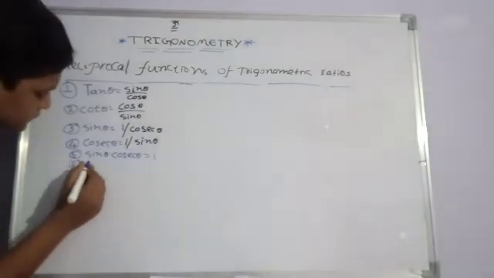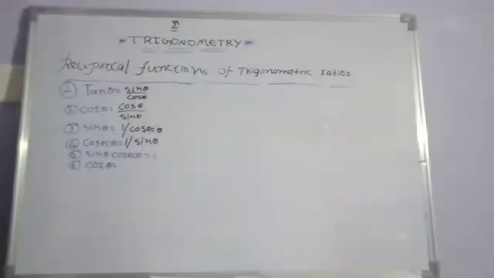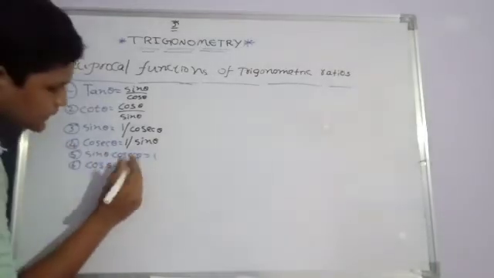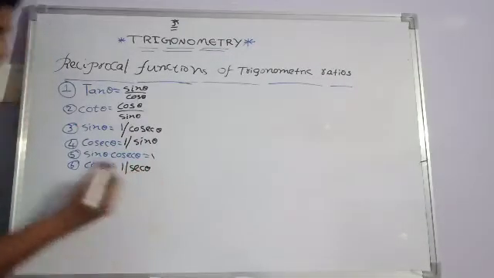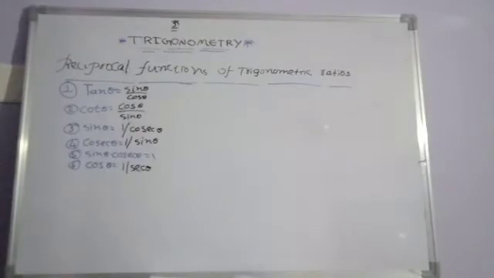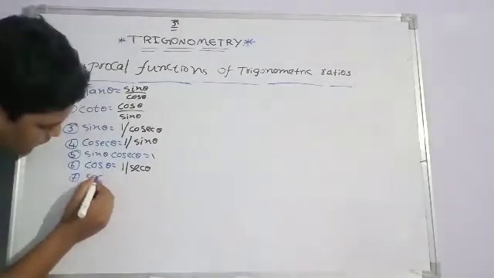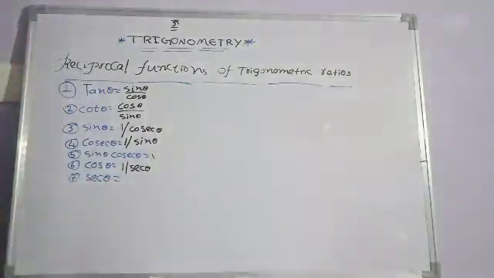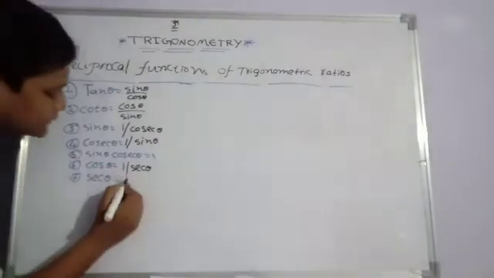The next one is cos theta. The reciprocal ratio of cos is secant theta. 1 by secant theta. And the reciprocal ratio of secant is cos theta. So 1 by cos theta.